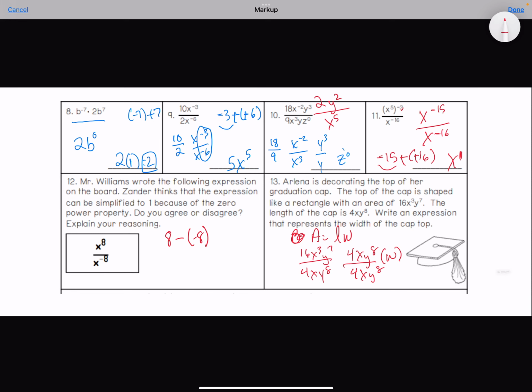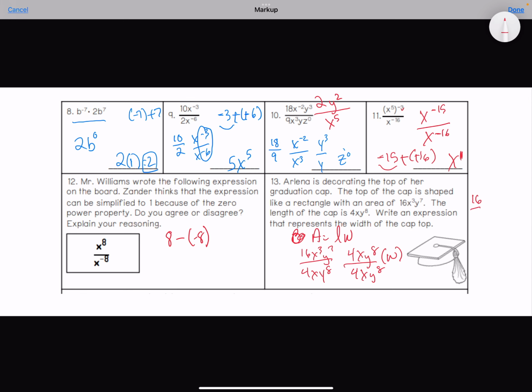So to work over here, you're going to separate like normal. So we have 16 divided by 4 is 4. 3 minus 1 is x squared. 7 minus 8 is negative 1.